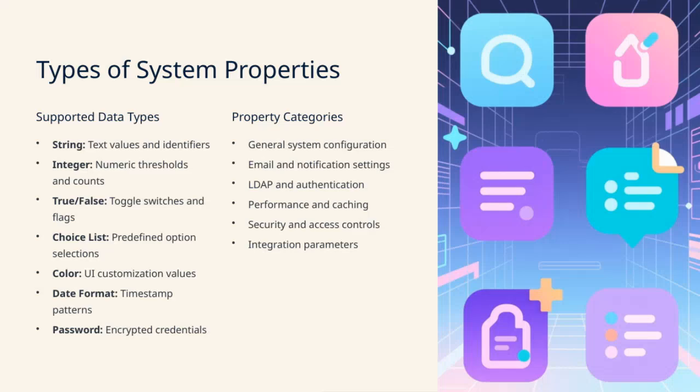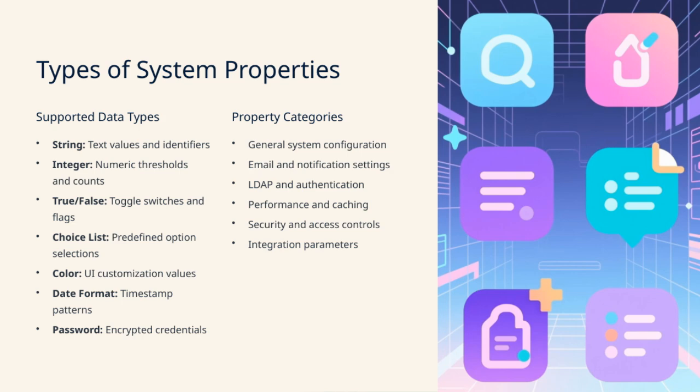Now, let's take a closer look at the integration parameters that are essential for configuring and maintaining our system effectively. First up, security and access controls are critical. They help us define who can access what and ensure our data stays protected. Performance and caching are also key. They help us optimize the system's responsiveness and reduce load times.